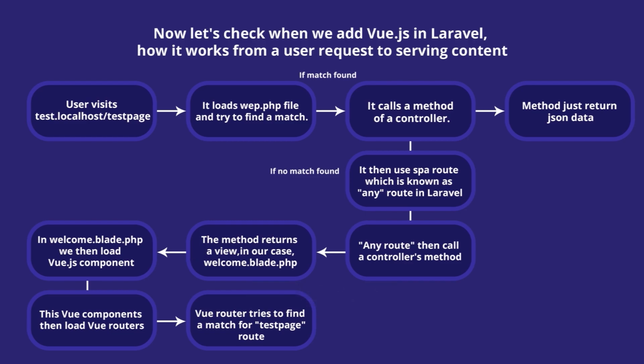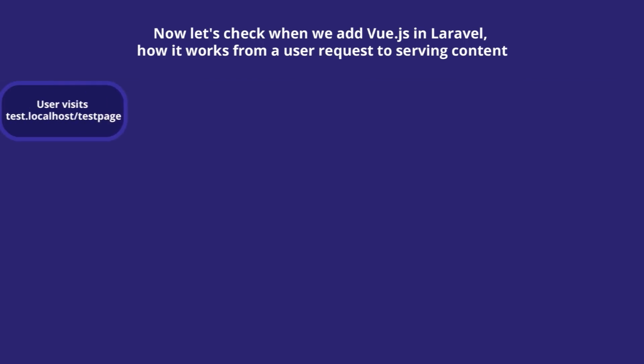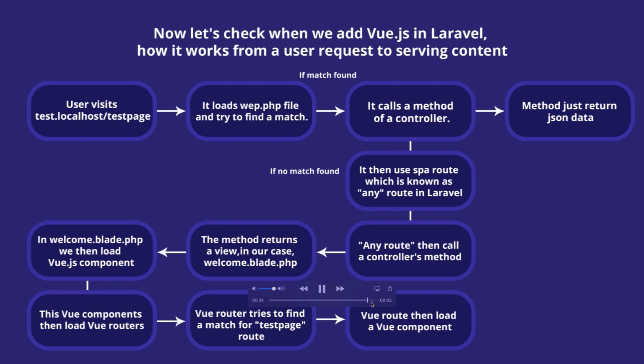This Vue router actually tries to find a match again for the test route. Then Vue router loads a Vue component. That is how it works from start to end. Now let me show you the whole process.